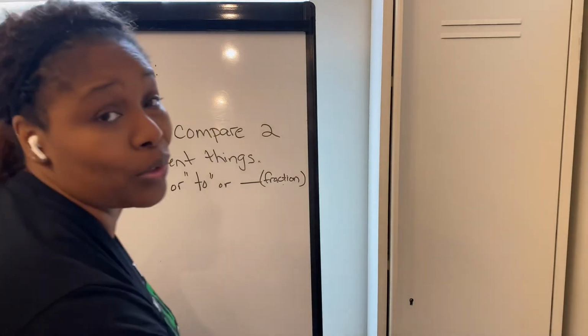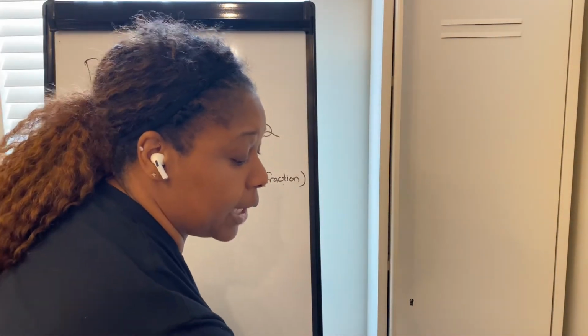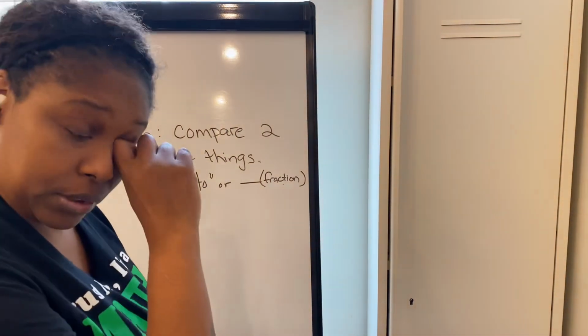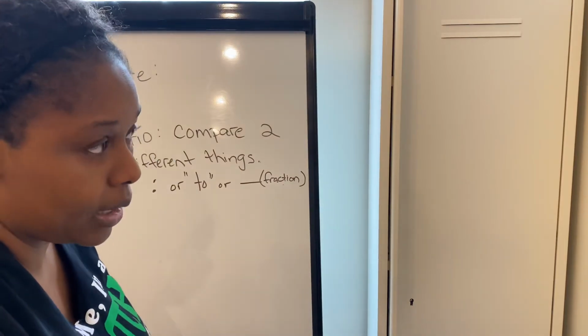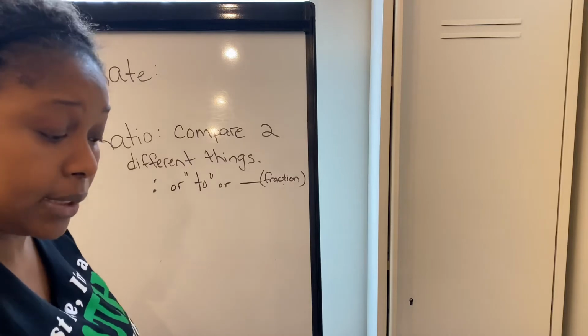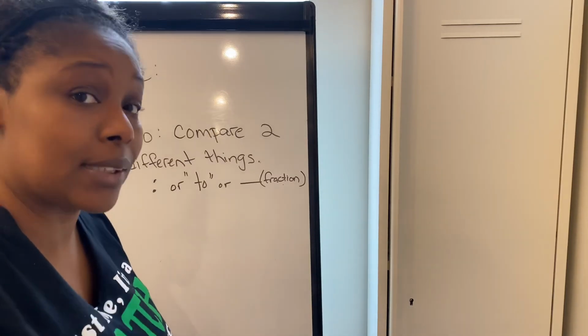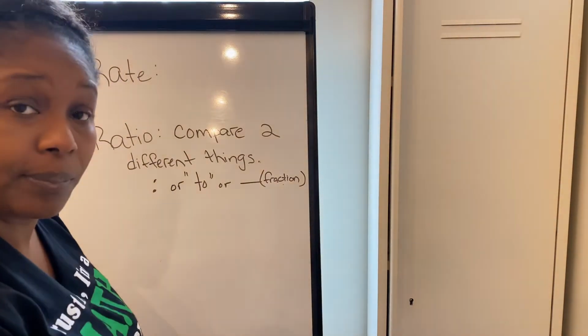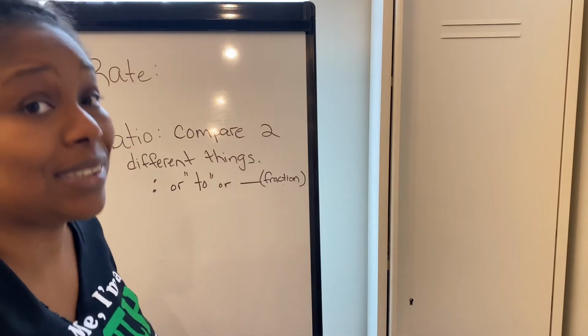When we're talking about the rate, what you're trying to find is how much, it's still a comparison, but you're talking about 2 quantities that have different units. Before, we're just talking about different things. Now we're talking about a quantity.